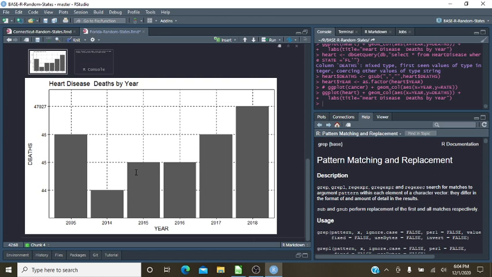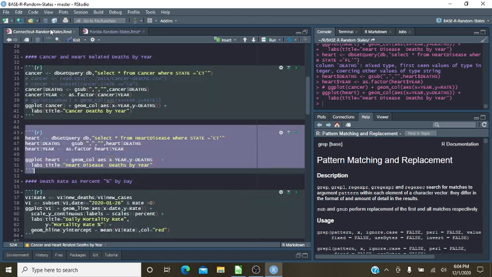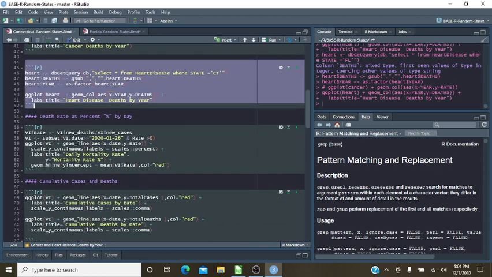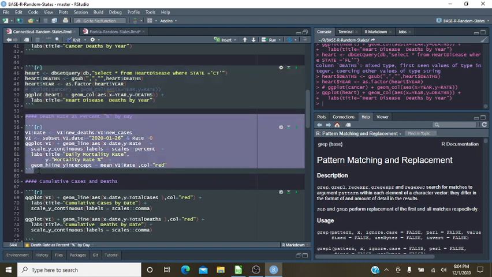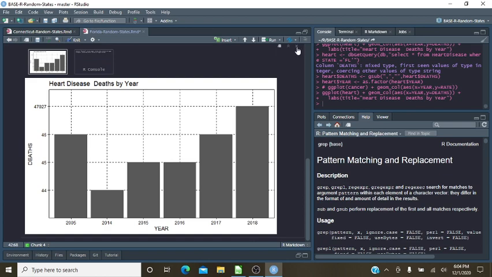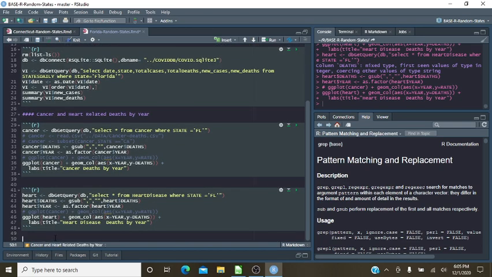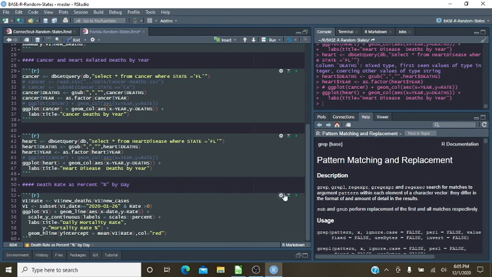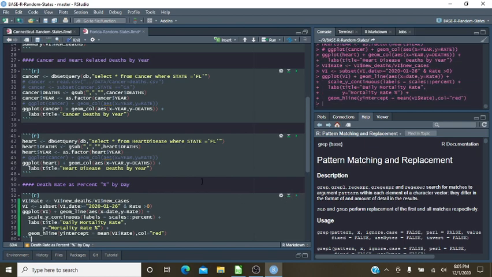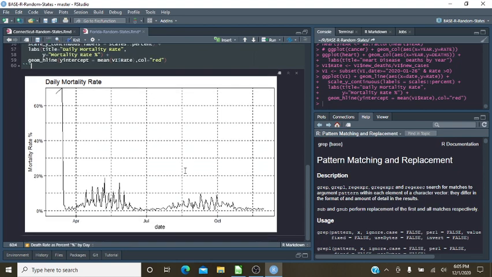Interesting. Okay, now we get down to the mortality rate for Florida. The mortality rate's fairly low, apparently.